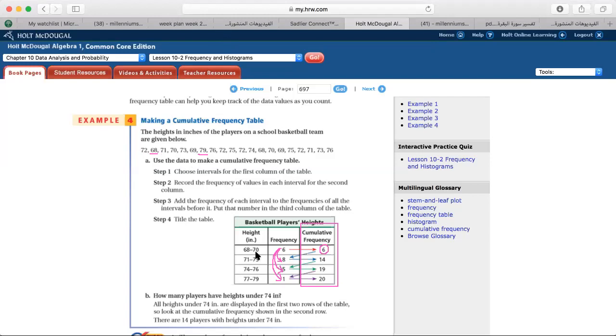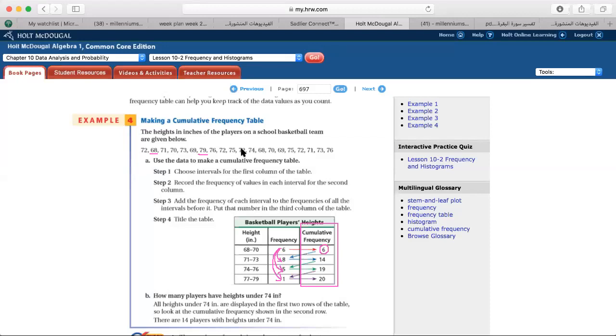Step number 1 is to decide the least number and the greatest number. The least number is 68 and the greatest number is 79. This step helps me to decide the interval that I'm going to use. If they are near to each other, I'm going to use a small interval.